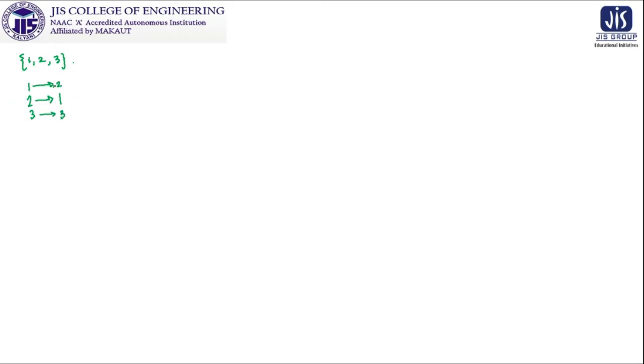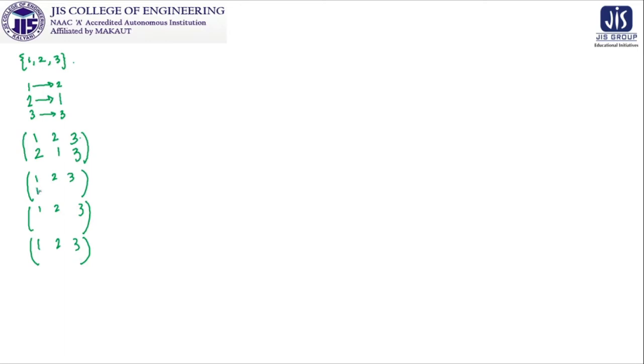But it is not at all the proper way to represent all possible permutations, because you can miss something. So instead of this representation, we have another representation, that if 1 goes to 2, it will write it here, 2 goes to 1, you can write it here, and 3 goes to 3, you can write it here. So in this manner, if you want to write all possible things, you just can write it over here.